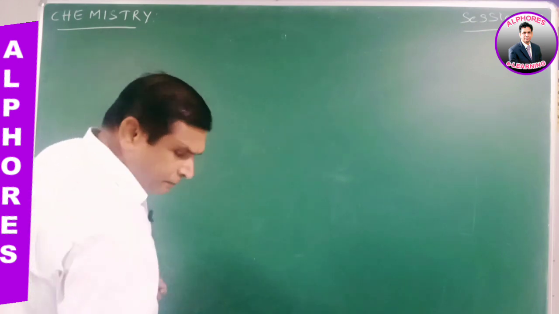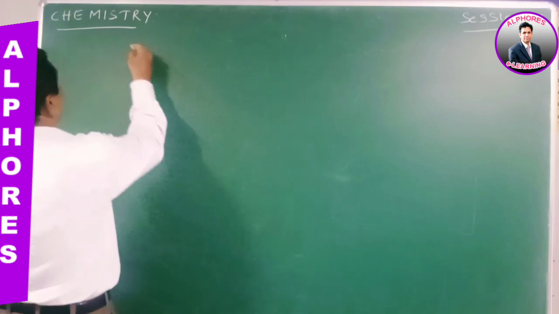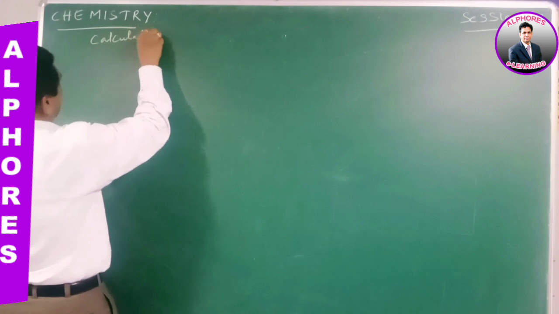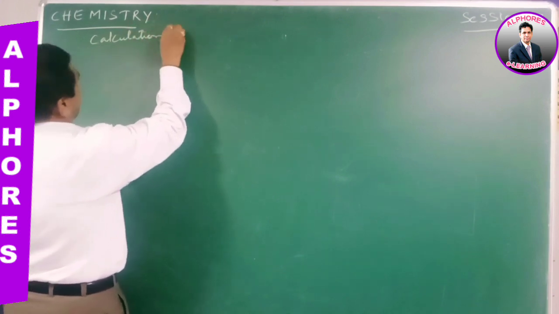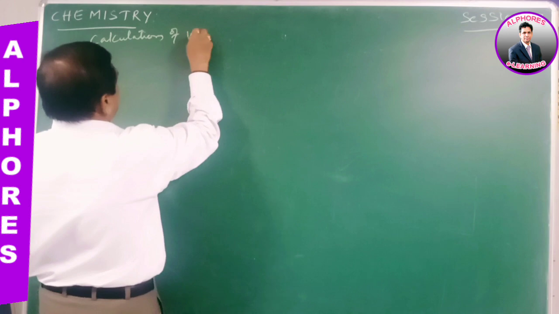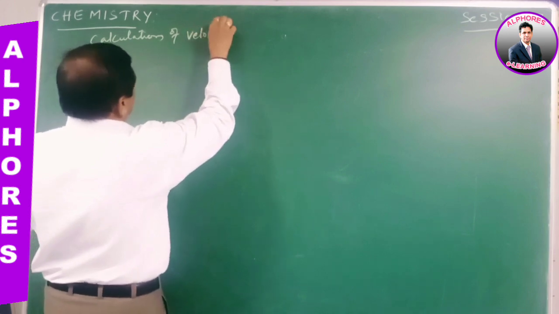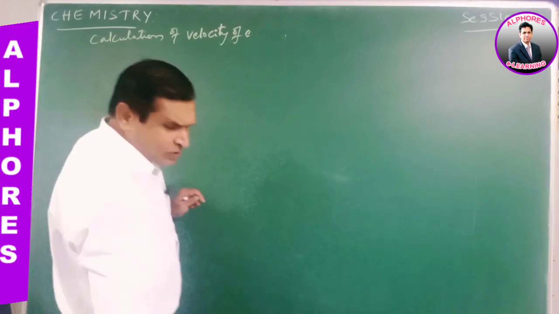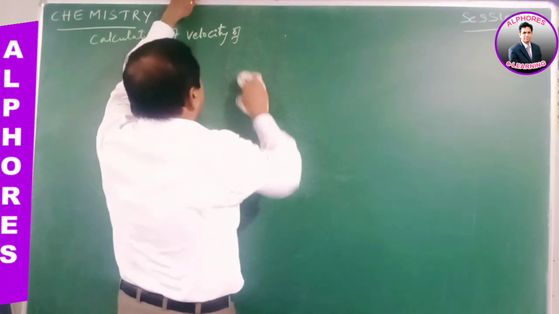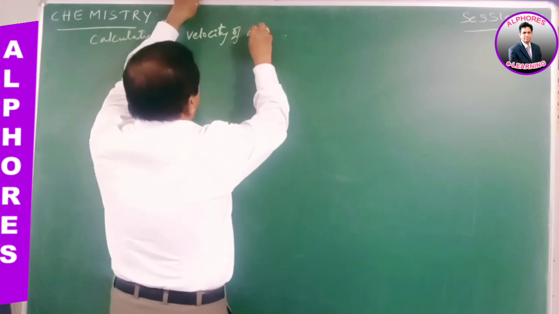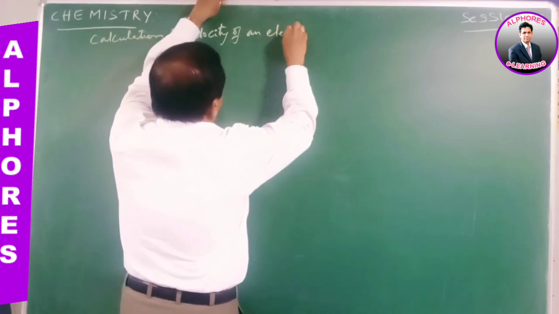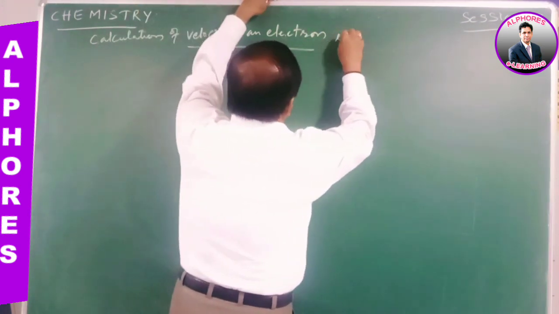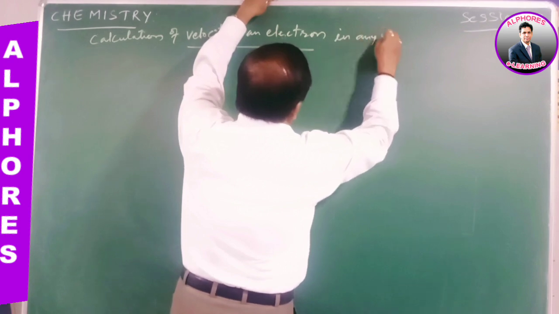Let us write the heading: calculation of velocity of an electron in any orbit.